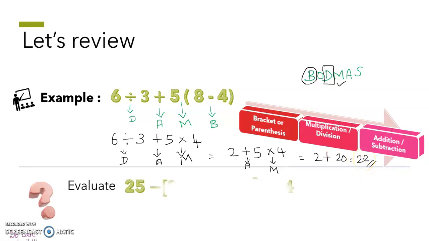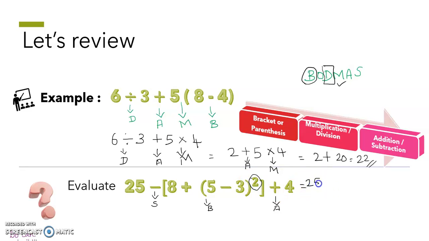Let's try one more example. You have here a subtraction, a bracket, and here an addition. So first we will clear what is within a bracket. Within a bracket you have a power. If you have a power, always do that operation first.